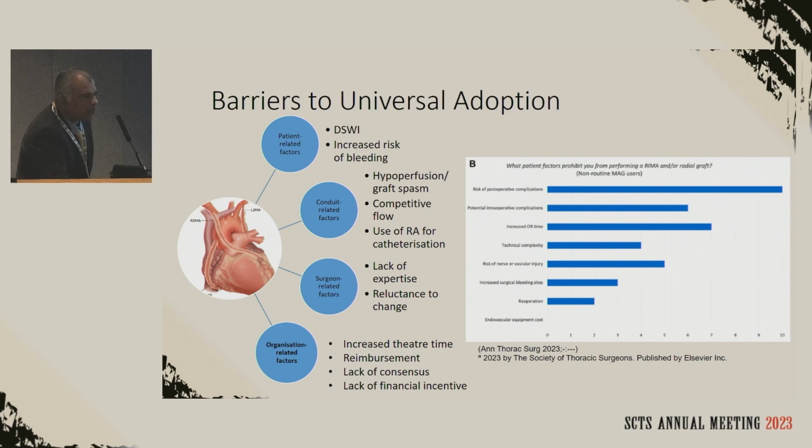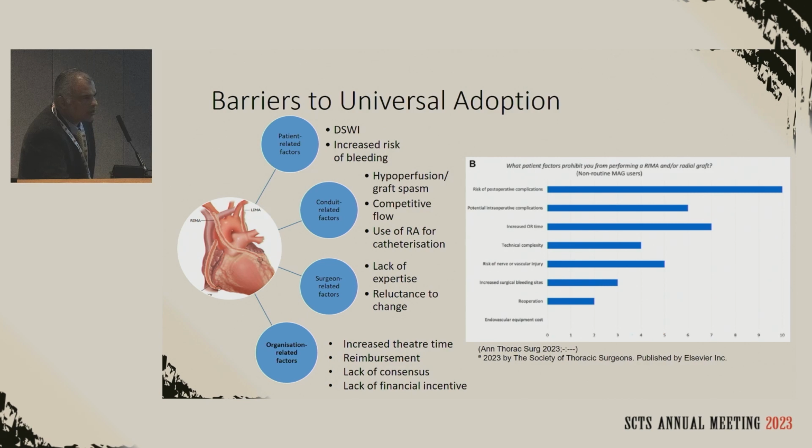People talk about skeletonization as one way of reducing sternal wound infection, but if you don't want to use bilateral internal mammary arteries, it doesn't matter whether you use skeletonized or pedicled internal mammary arteries. There's a perceived increased risk of bleeding. There are conduit-related factors such as hyperperfusion and graft spasm. There's the issue of competitive flow. We've already talked a lot about it.